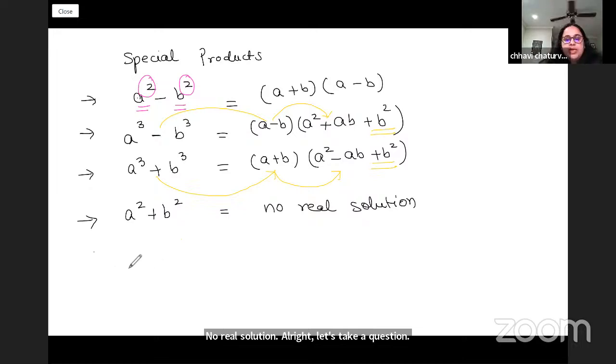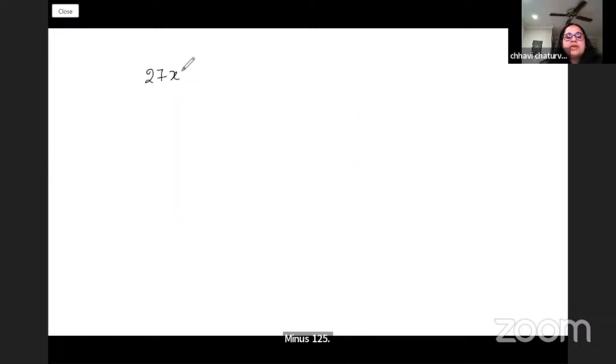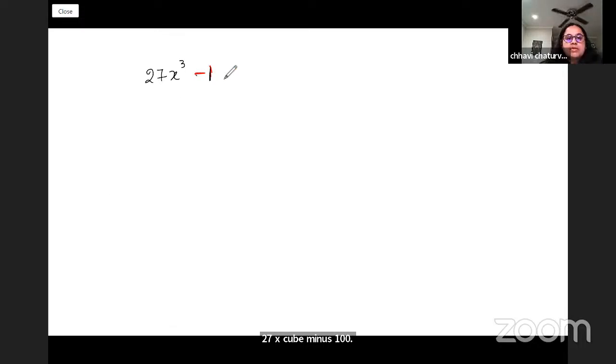We have, what do we have here? Let's say I have 27x cubed minus 125. Now, which formula should you use here?